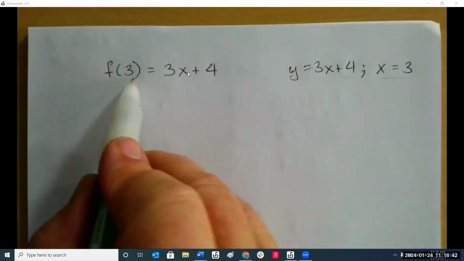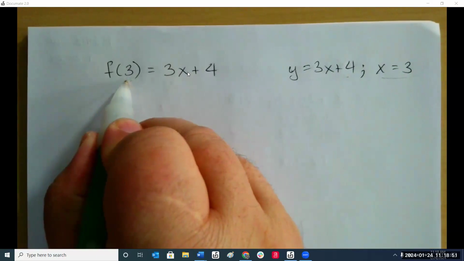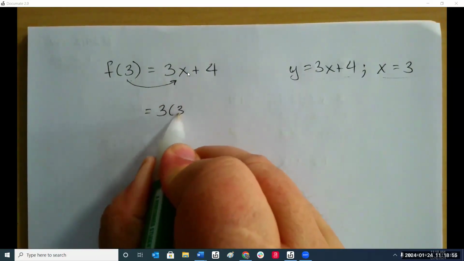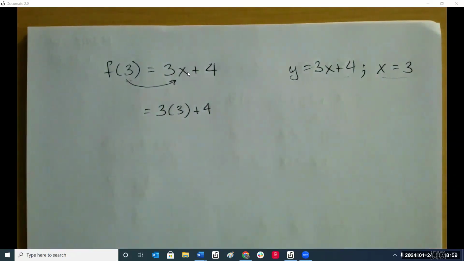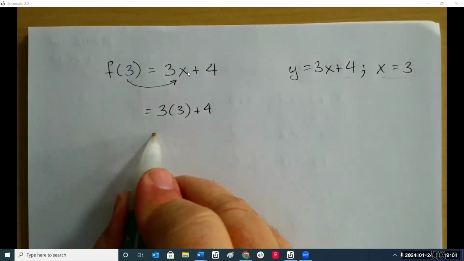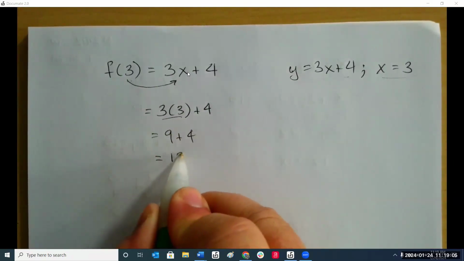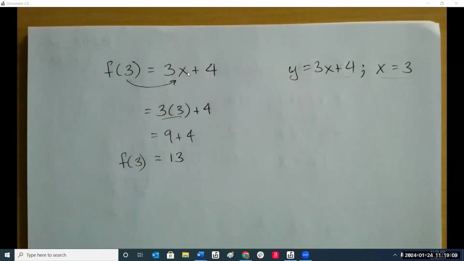In a function, I define the variable right off the bat. Anything that's inside the parentheses goes in place of x. So 3 times 3 is 9, plus 4 is 13. So f of 3 is 13.